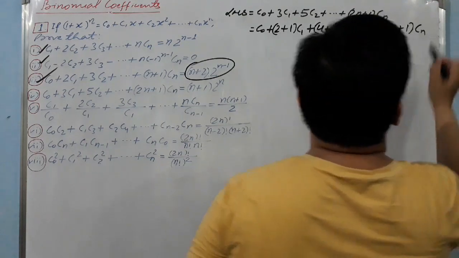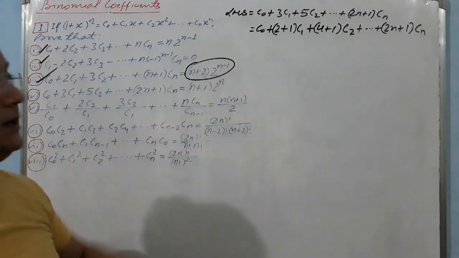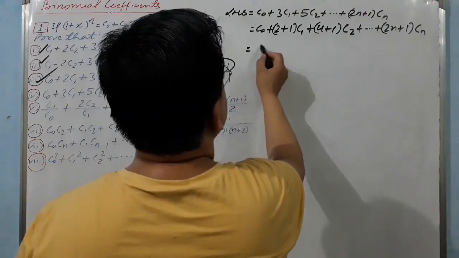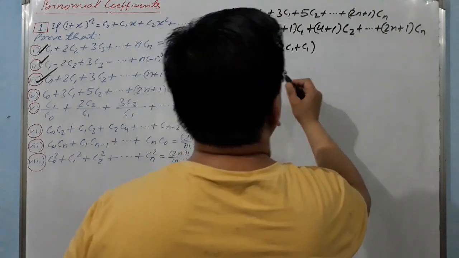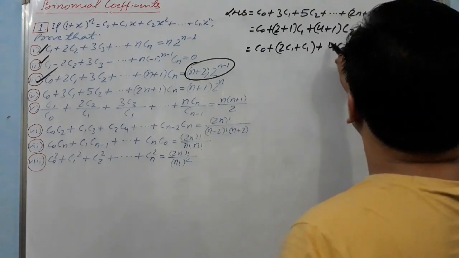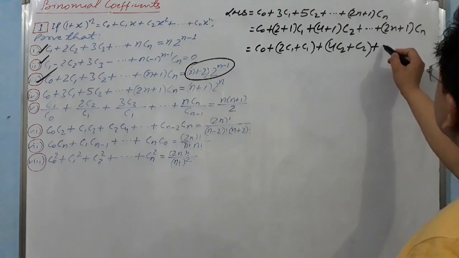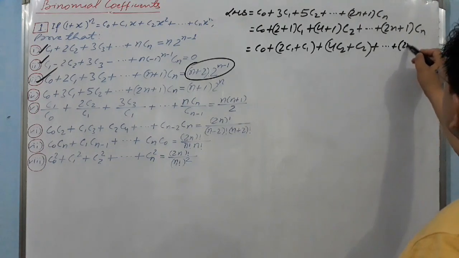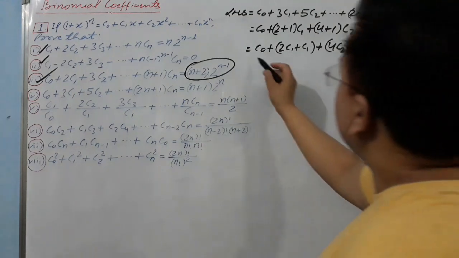Let's move into the next step. C0 plus 2C1 plus C1, and plus 4C2 plus C2, plus dot dot plus 2n times Cn plus Cn is equal to.